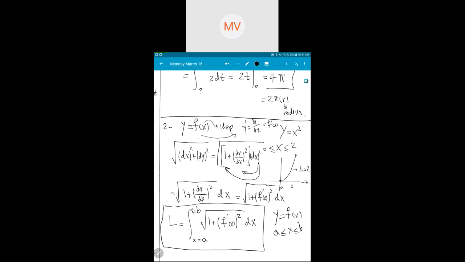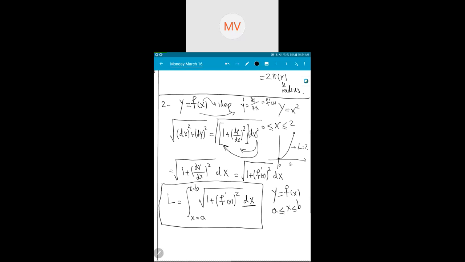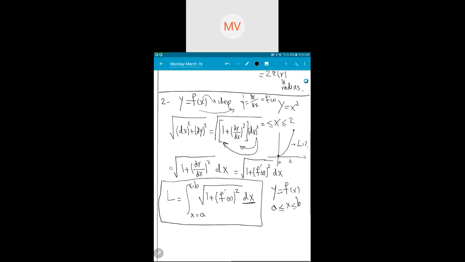And I can simply imagine if it was a function in terms of y, like if you had x equals g of y, you would have the same situation. Instead, your integration would be with respect to y, and this function would be g prime of y. In fact, let's go ahead and write that one down. So it's a similar process.